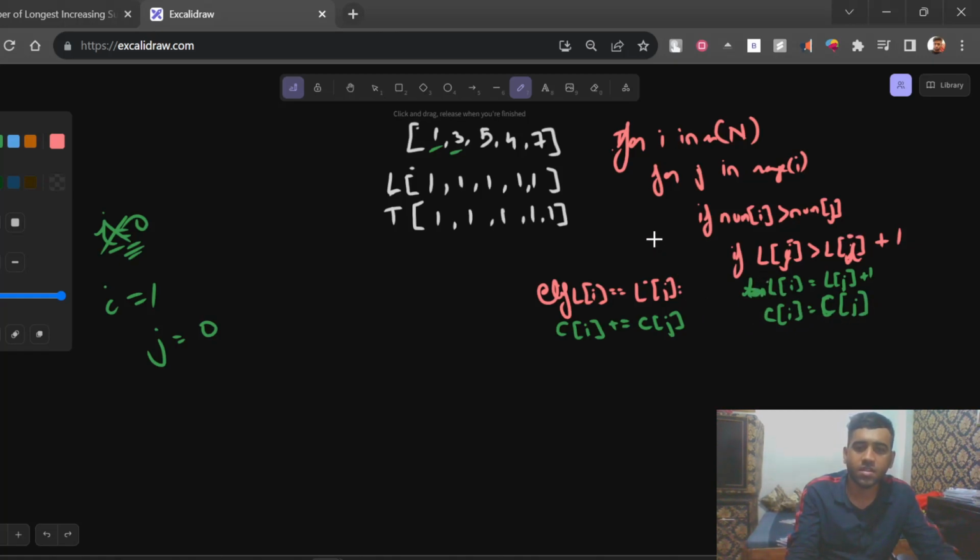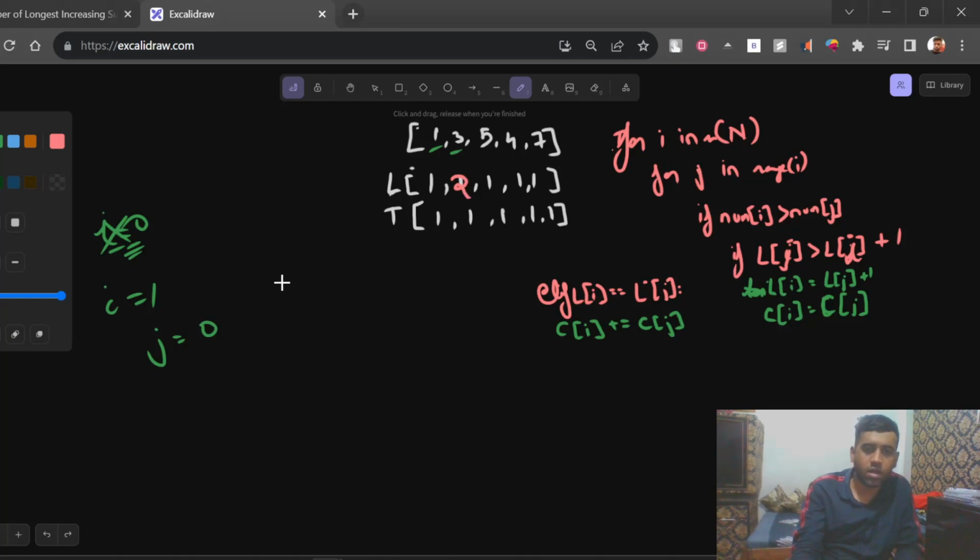So if that's the case, L of i equals L of j plus 1. We'll make this 2, and C of i will be equal to C of j. So this is going to remain the same, and this is going to become 2.